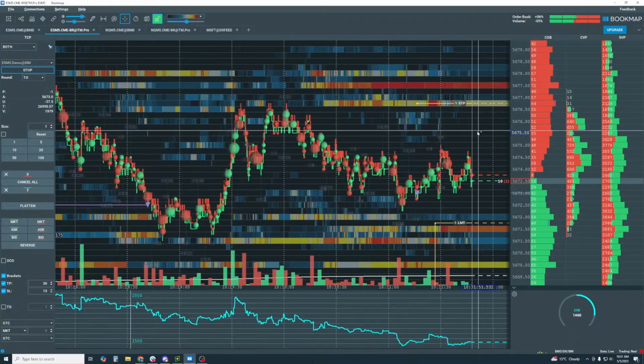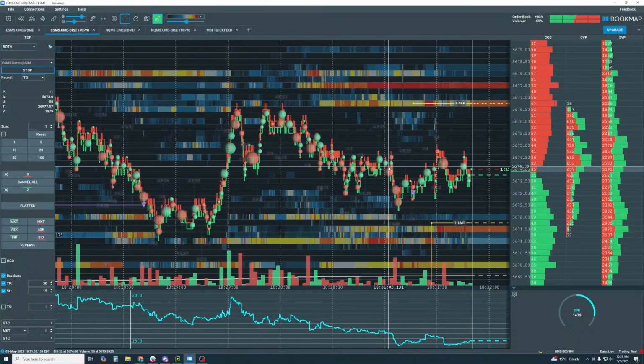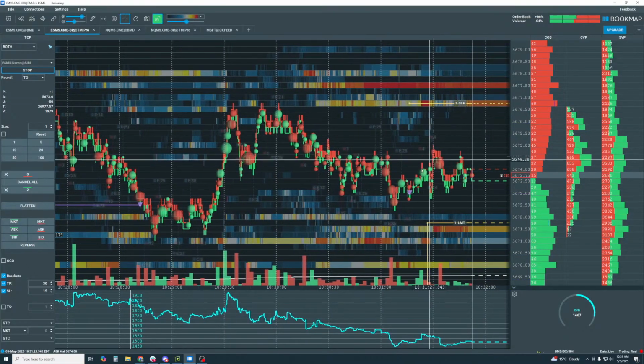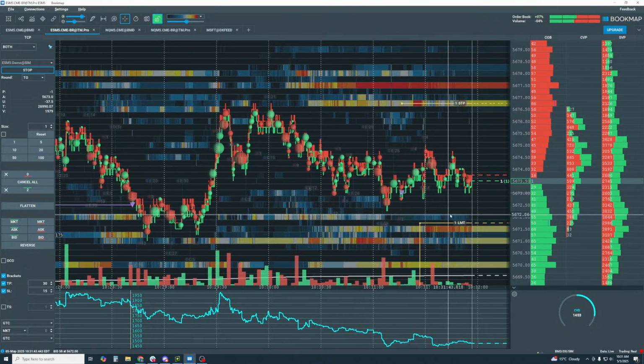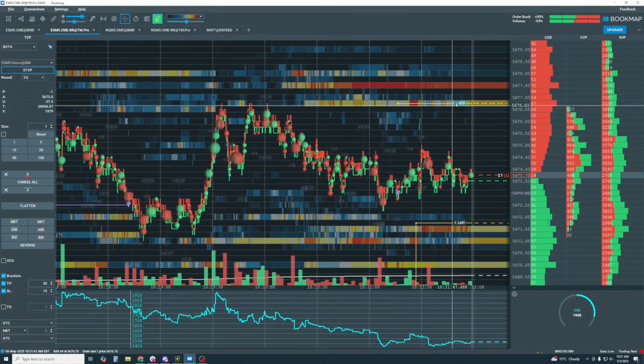Another thing with this setup, to be honest, we should have been just stopped out on it. We're looking for it to come back to here and then come right back down. That's it.